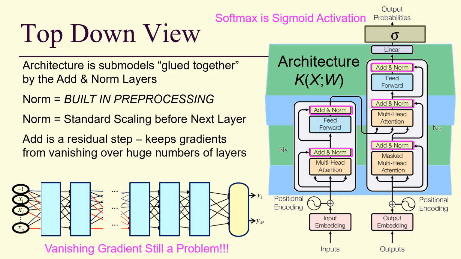And this was actually discovered by Microsoft in their ResNet models. If X is the inputs and F sub L is the Lth layer, then what you do is you take the X forward and add it to the output F sub L of everything that came before. And you can see that here, these arcs upward to the add and norm parts.